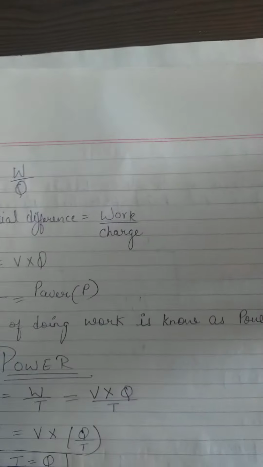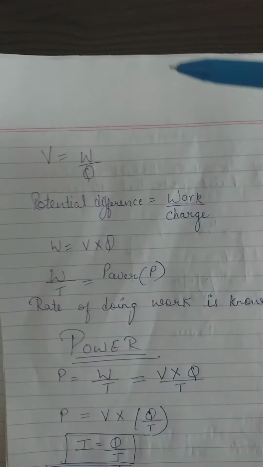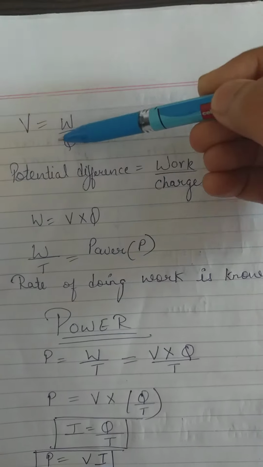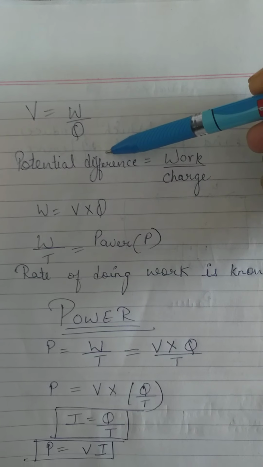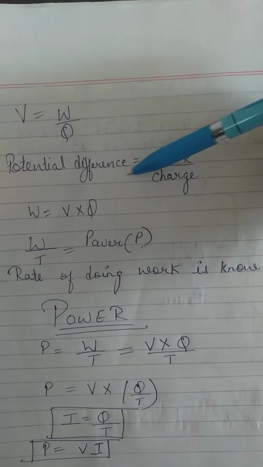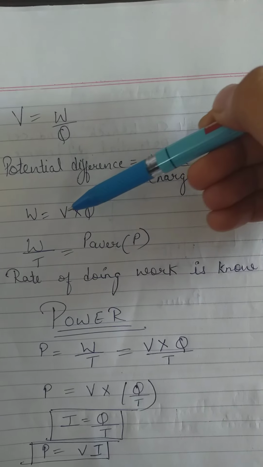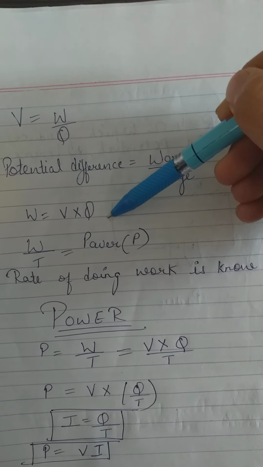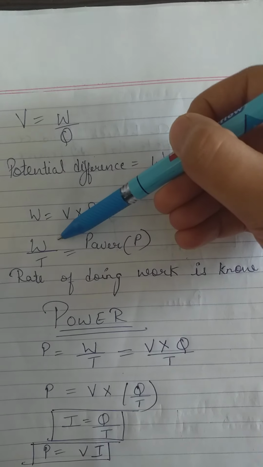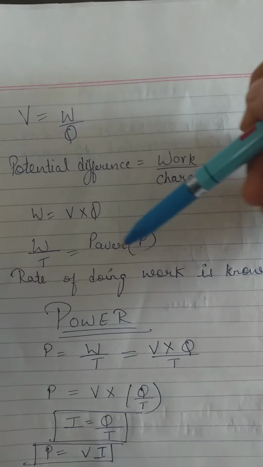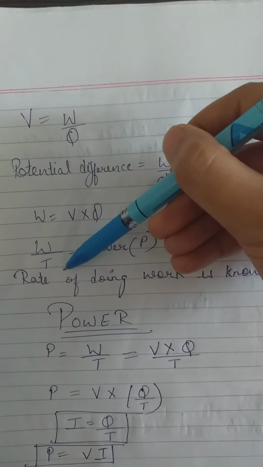Next is derivation of power. As potential difference is equal to work upon charge, the value of the work will come out to be potential difference multiplied by charge, and the rate of doing work refers to power. So the formula of power is work upon time.